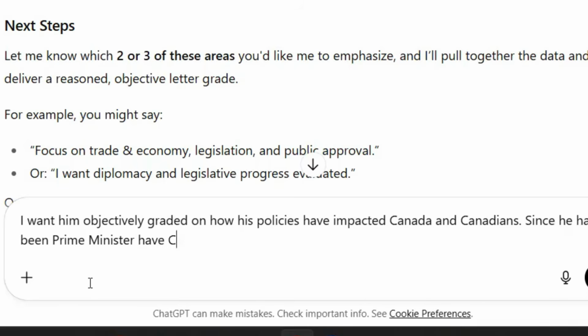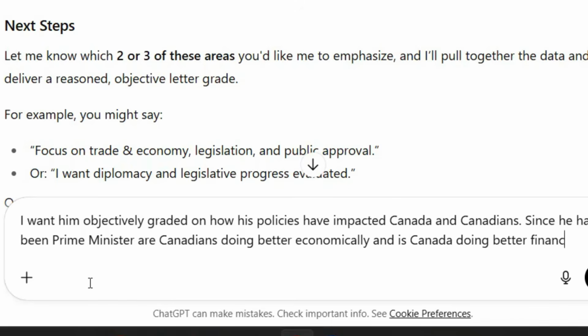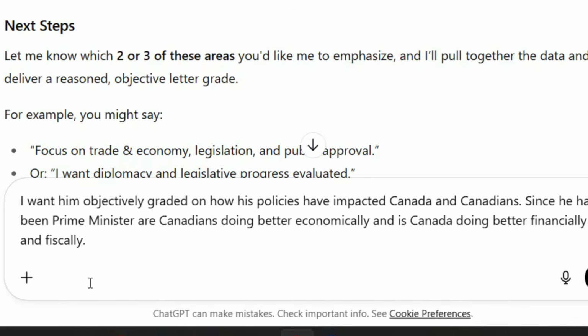Are Canadians better off in Canada, better financially, better? Wow.